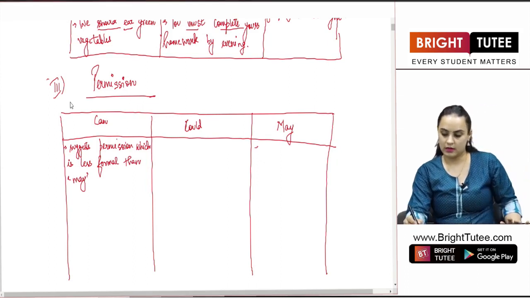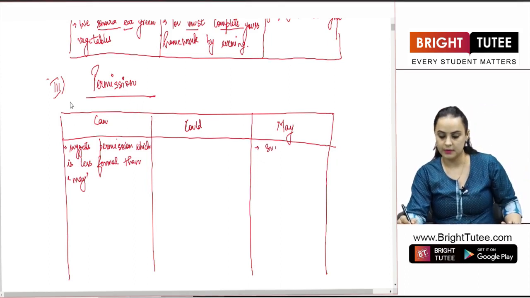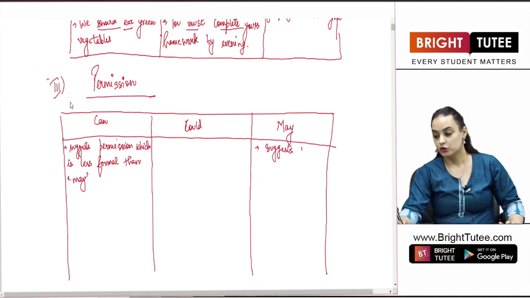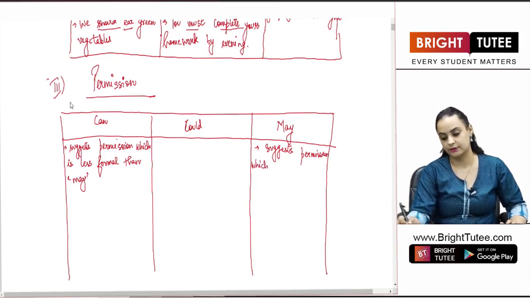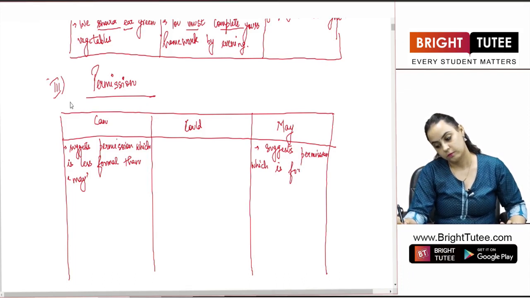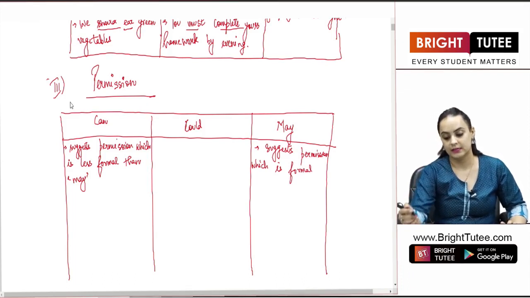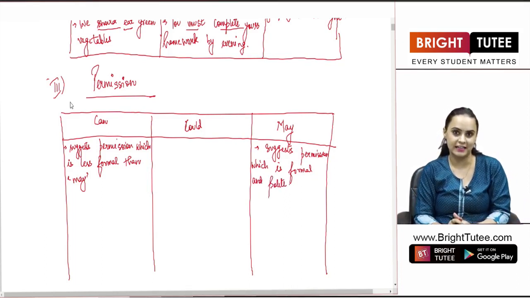So let us first talk about may, then we'd be able to compare it with can. It suggests permission which is formal and polite, something which is very polite in nature.